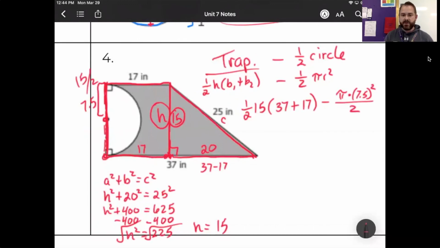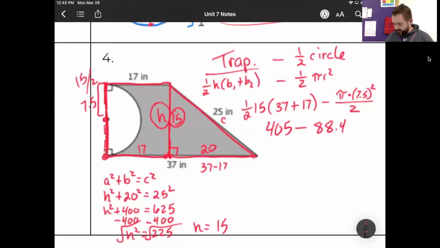What I want you to do now is pause the video and try and finish these calculations and see if you can get a final answer. Okay, this is what we should get. If you need more time, pause the video. When I do my area of my trapezoid, I should get 405. And when I do the area of the half circle, I get about 88.4.